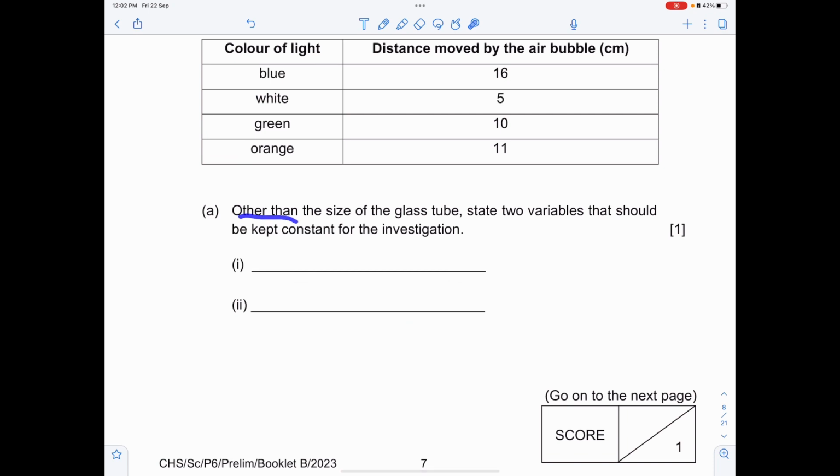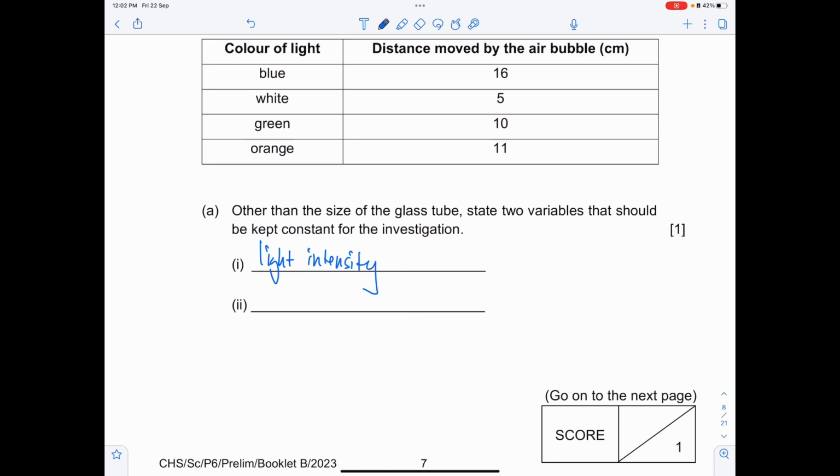Now let's go on. Other than the size of the glass tube, state 2 variables that should be kept constant for the investigation. Now, there are quite a few. Okay, you can say that distance of lamp from the plant, okay, light intensity, is one of them.